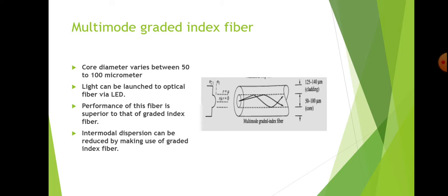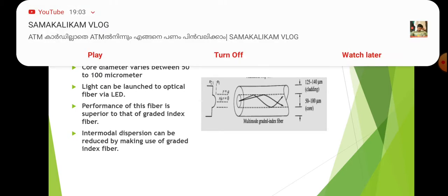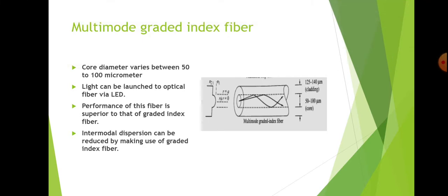And when we are using graded index profile, the refractive index of the core will be varying from the center of the core to the interface between these two, the core cladding interface.